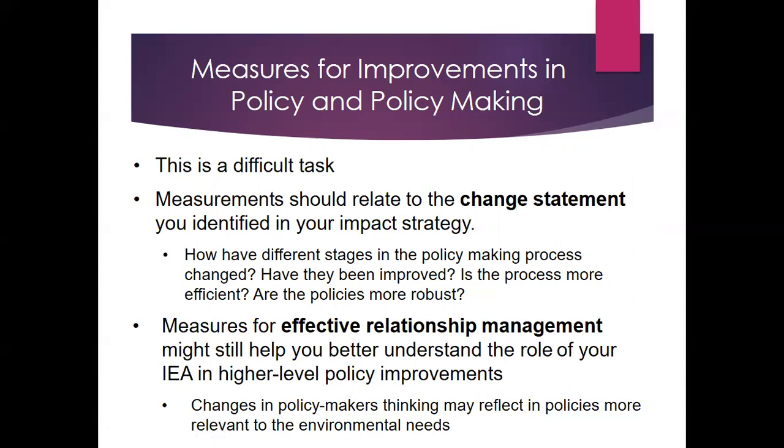So you're talking about the process of policy making here. You will have a change statement, which would be the aim of your project. You want to know how have the stages changed? Have they been improved? Have these changes shown any improvement? Is the process more efficient? And are the policies more robust? So you are actually evaluating your policy making process here by being able to answer these questions.